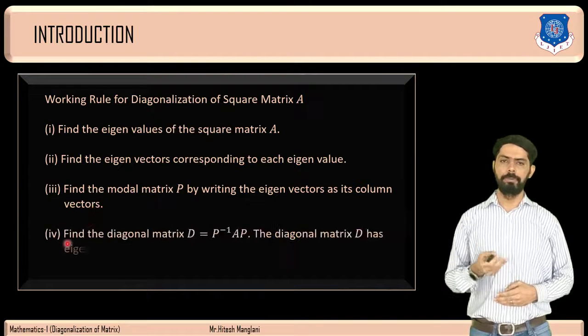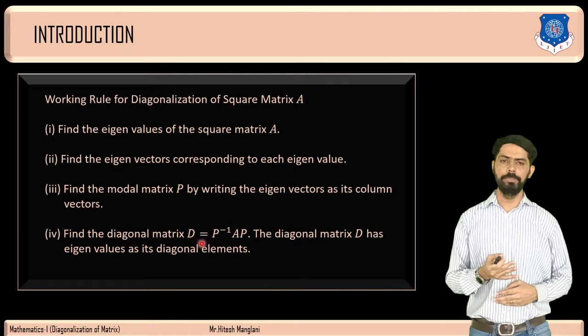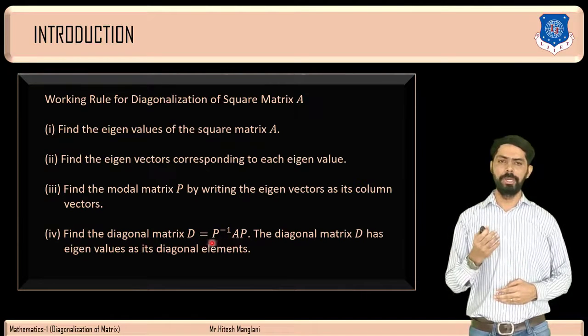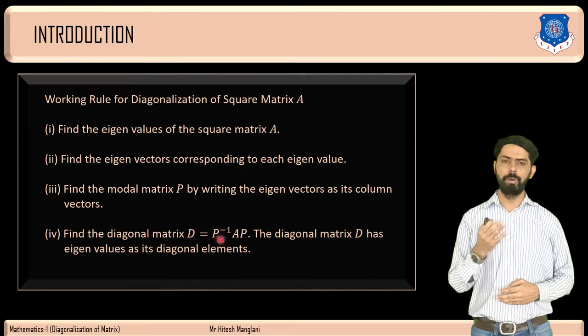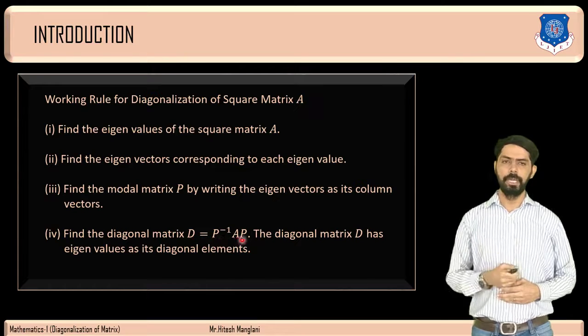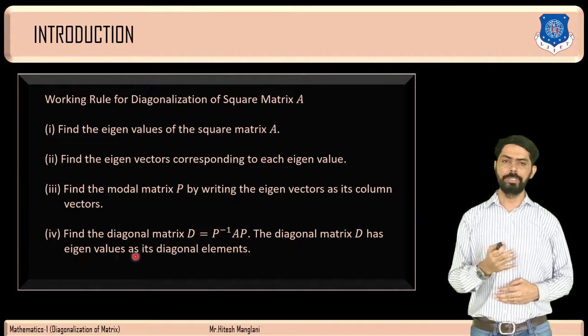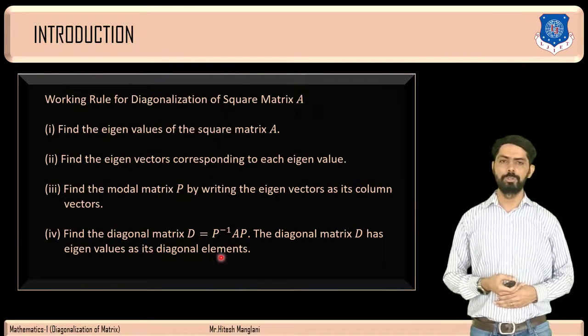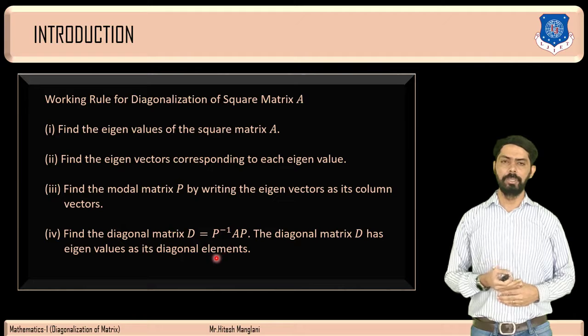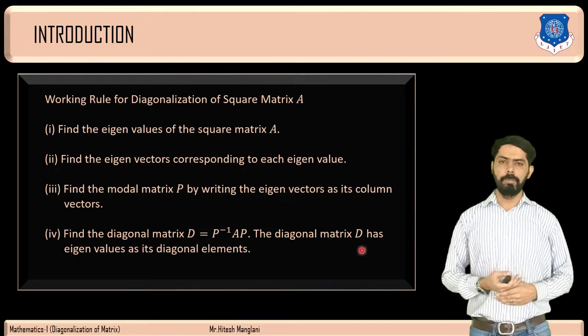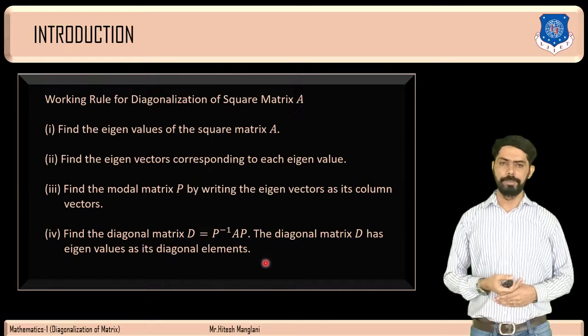Fourth step, find the diagonal matrix D equal to P inverse AP, that is, the product of P inverse, A and P. The diagonal matrix D has the eigenvalues as its diagonal elements. So in the final answer of D, there will be eigenvalues as its diagonal elements.